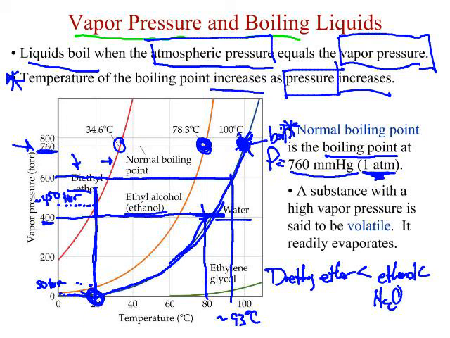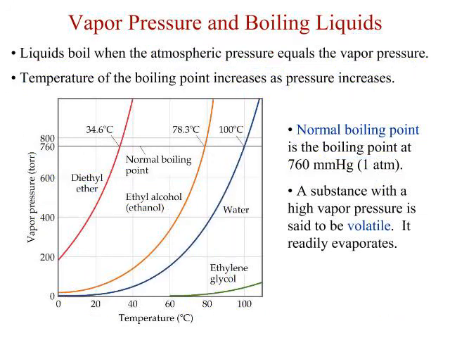It would be at 80 degrees Celsius, which you might say is not that much of a change, but for practical lab purposes, it really is. So by reducing the pressure on the system, you also change the boiling point and can get it to go down. So there you have it.